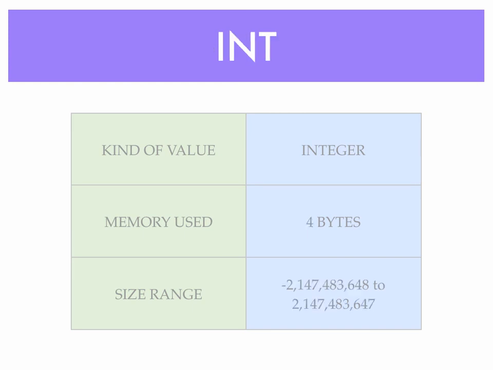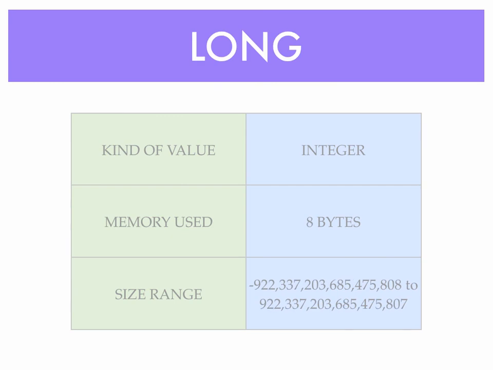An int will hold an integer, uses 4 bytes of memory, and will hold a number from -2,147,483,648 to positive 2,147,483,647. A long holds an integer, uses 8 bytes of memory, and you'll see that it holds a very large number, positive and negative, that's in the quadrillion range.